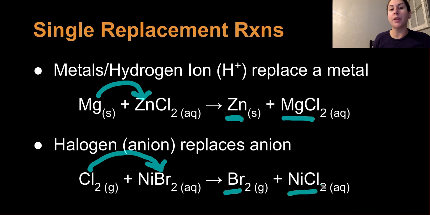People sometimes will get those mixed around, and you want to be sure that you are replacing equal things. And so if it would form an anion, it has to replace the anion. If it would form a cation, it has to replace the cation. And that's the way that single replacement reactions occur. And remember, they only will happen if the thing that's by themselves is more reactive than the thing that's in the compound. I hope that was helpful.